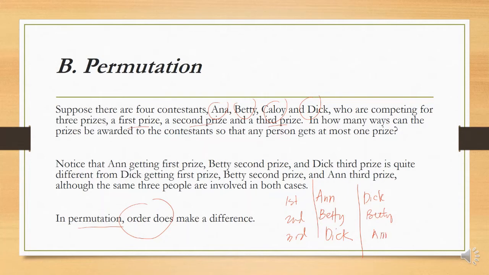Okay, para mas malinaw na makita. And then, meron pa tayong pang-apat, si Kaloy. So, another one yon, si Kaloy, o pwedeng si Dick, and then si Anne, kunyari. So, ito is 1 count, 2 counts, 3 counts. Ang tinatanong sa permutation ay ilang counts meron tayo lahat dito.